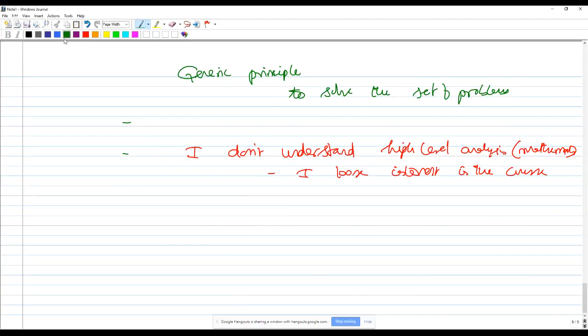The answer to this question is very simple. The procedure which is being used in the course needs higher order mathematics, I agree.